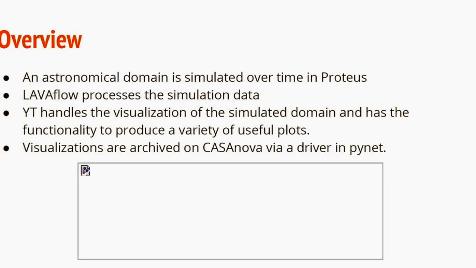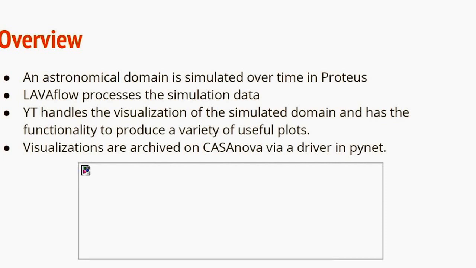So there's this other component called lava flow, which acts as kind of a strain to the simulation data, and then it gets inputted to Whitey, and the Whitey project is a Python project that we use to plot the domain, the space domain, in whatever way is useful to us.